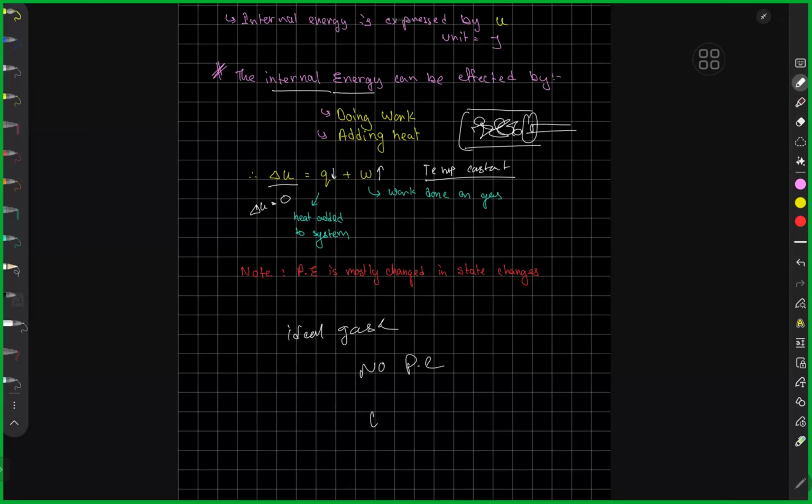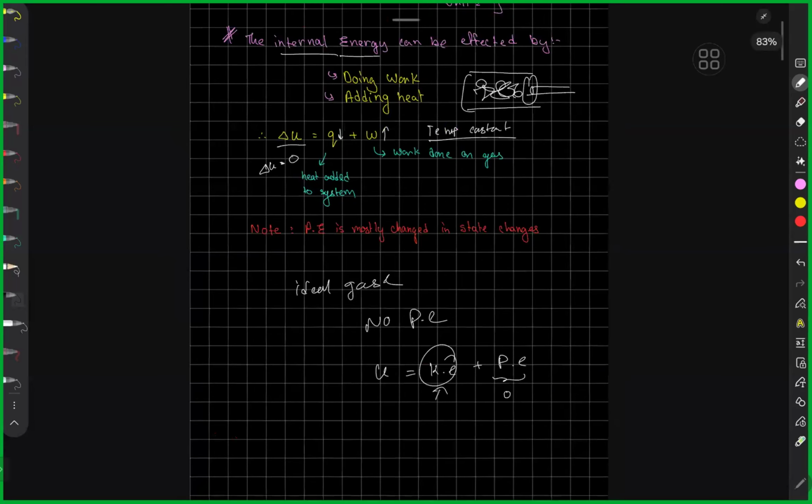And hence the formula that internal energy of any substance, or let's say gases, comprises KE and potential energy is no longer valid because there's zero potential energy according to our assumption. So we say that internal energy of any ideal gas can be explained by simply its kinetic energy, right?